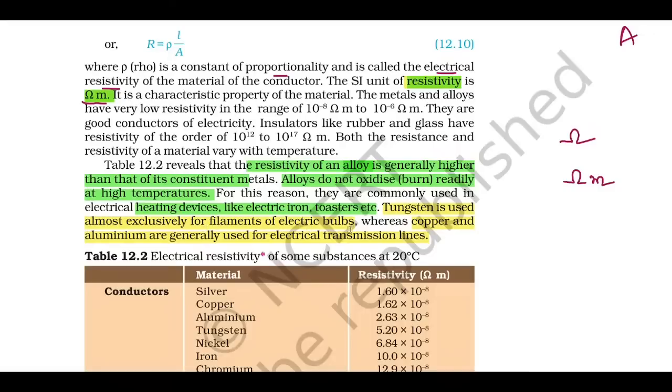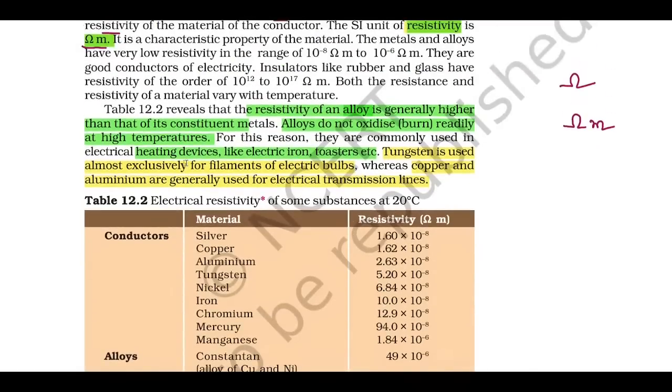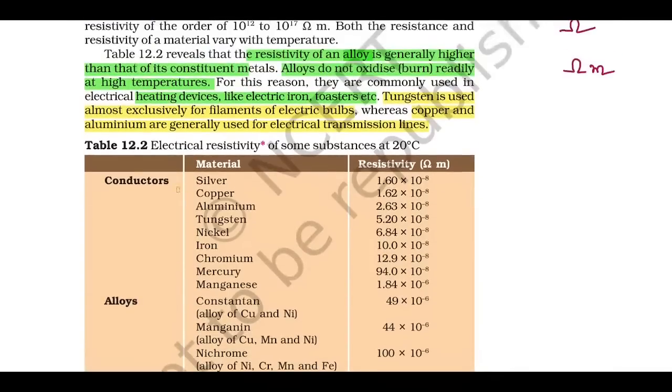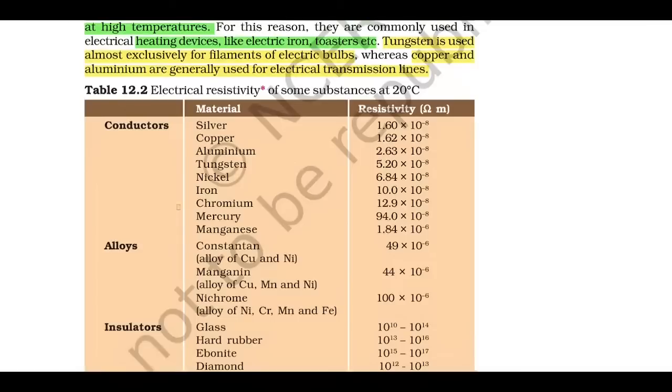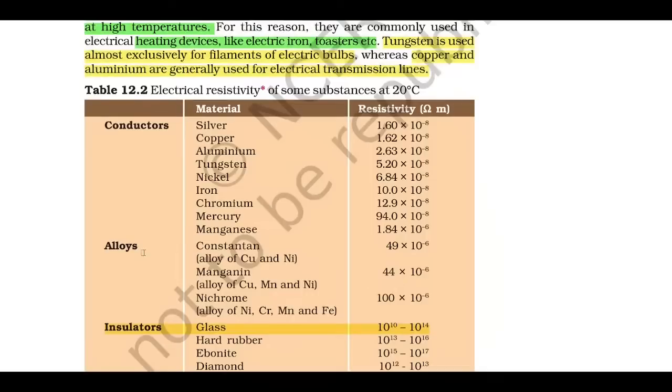Why? Because on heating it starts emitting light. And generally copper and aluminum are used for electrical transmission lines. So you can see the resistivity of different conductors, insulators and alloys. Insulators generally have higher resistivity when compared to alloys, and conductors have lower resistivity values.